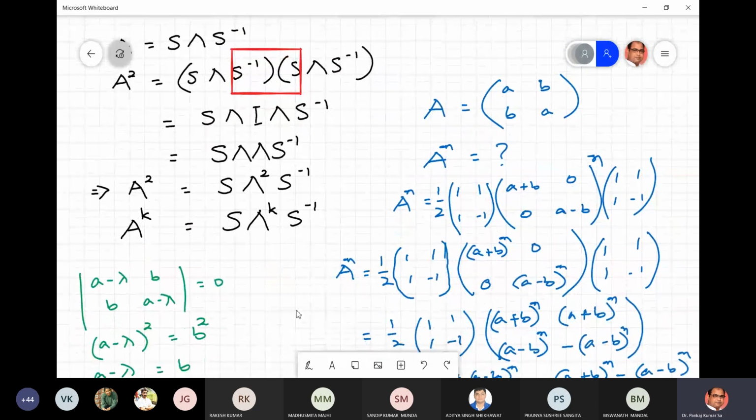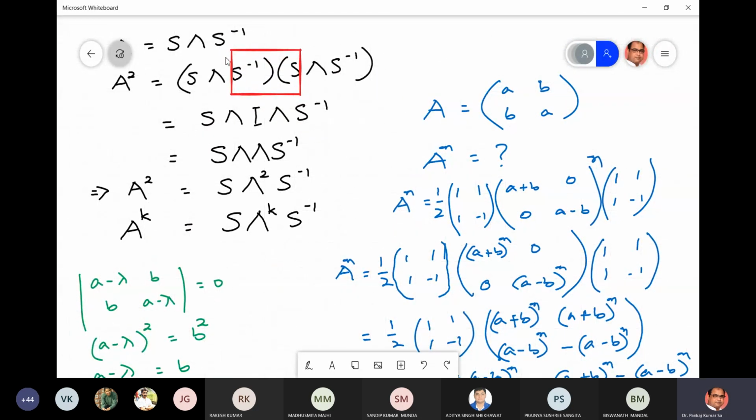So just a quick recap. A is equal to S lambda S inverse. In order to find its square, we multiplied it 2 times. S inverse S is nothing but I. So that's what I am writing here: A square is equal to S lambda square S inverse.